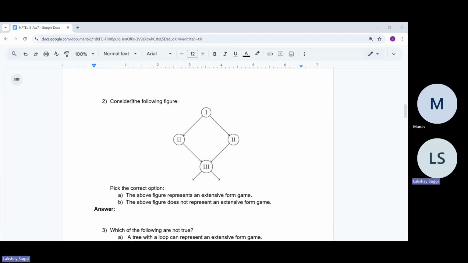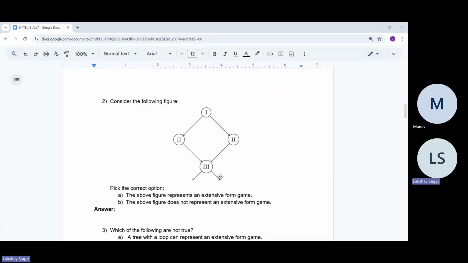So the second question is more based on the definition of extensive form games. Consider the following figure. In this figure, it's just a part of an extensive form game, and we have to answer whether this is part of an extensive form game or not. Here this is the start node, where the first node belongs to player one, and these two nodes belong to player two, and this third node belongs to player three.